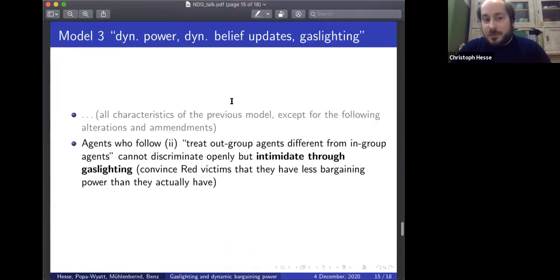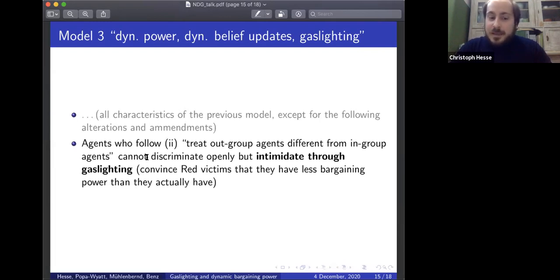And now the third model, instead of the racists being able to take bargaining power from red agents, meaning lowering their disagreement points, in the third model, they cannot do that anymore. They can only use gaslighting.